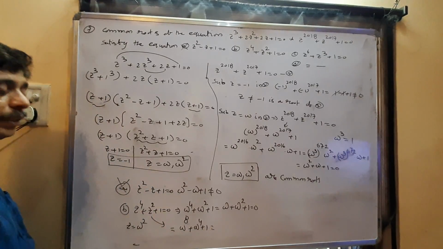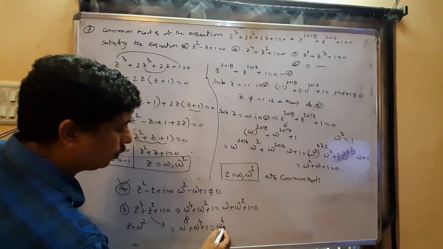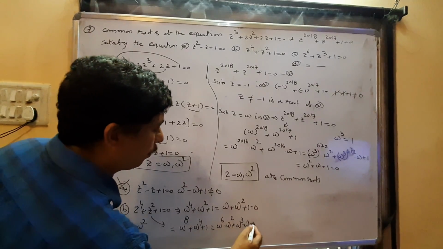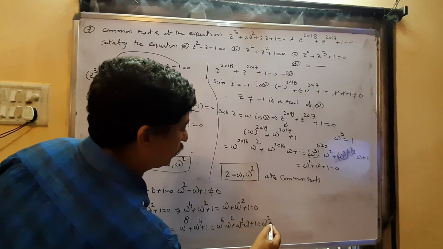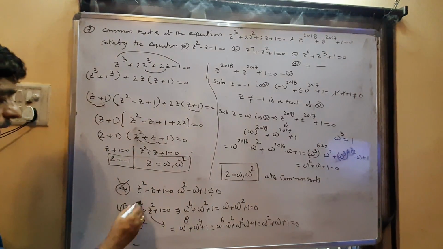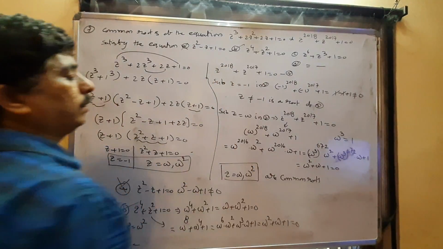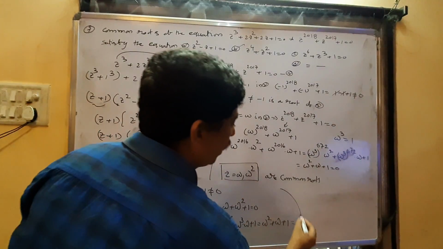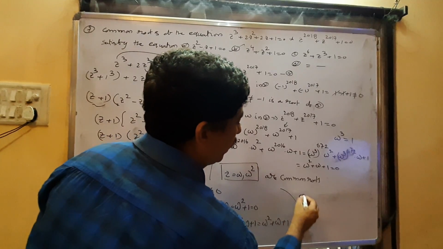Omega^8 can be written as omega^6 into omega^2, plus omega cube into omega plus 1, so omega^2 + omega + 1 is also 0. So option B is correct. The common roots omega and omega square satisfy option B.